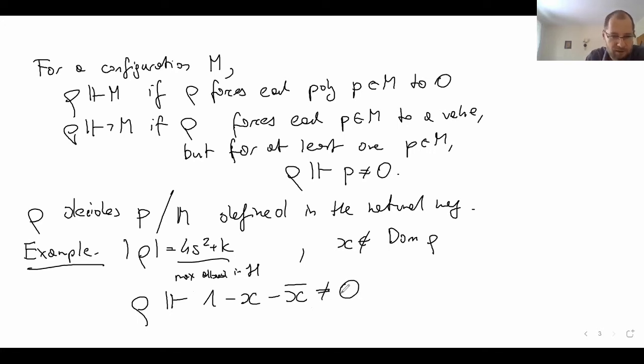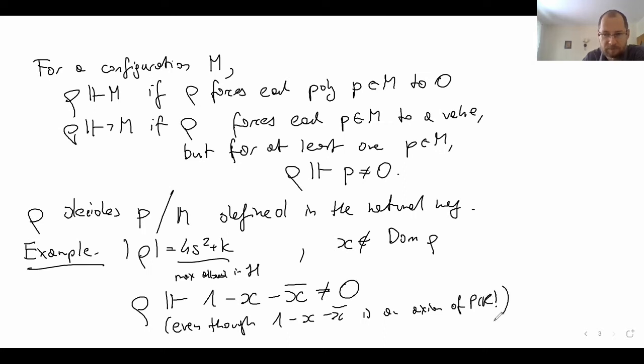Okay, so even though this is an axiom of PCR, this is something that you're not very happy with, but it turns out that this is more or less the end of the bad news.